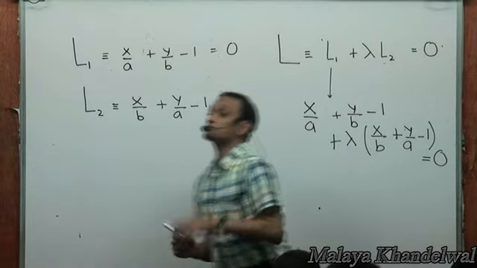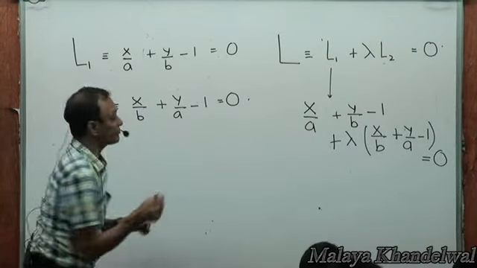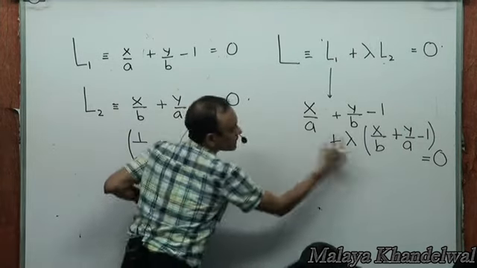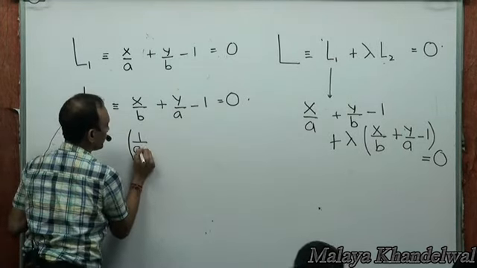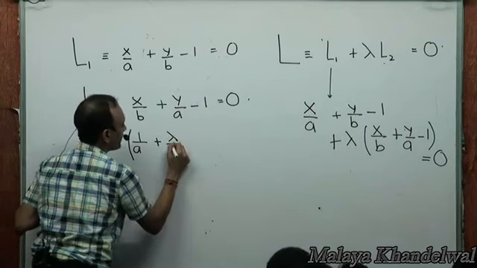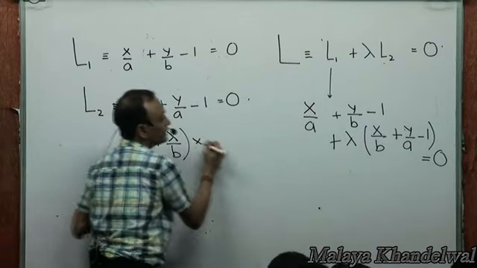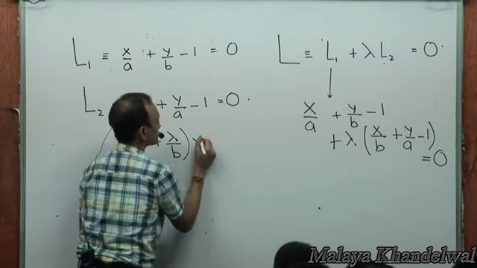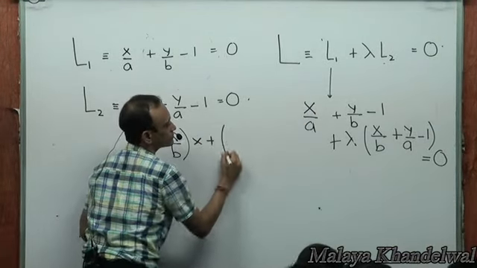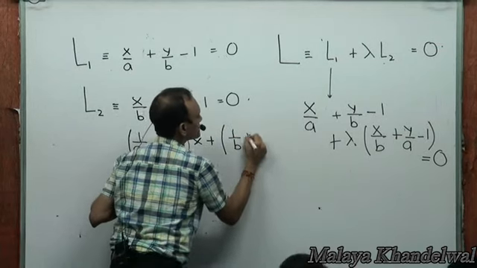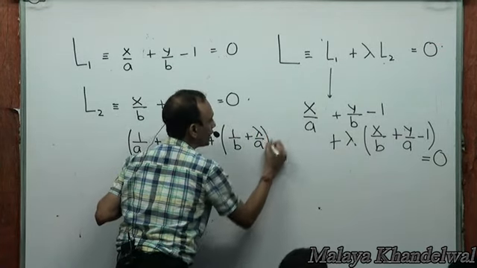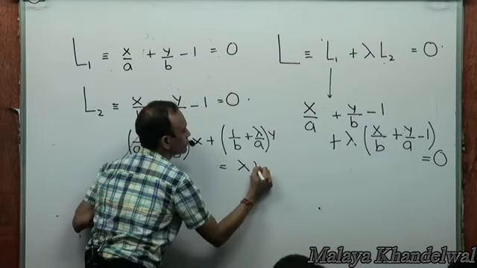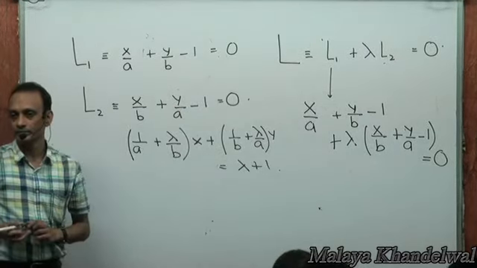Now, to write this line in a customary, traditional format, I could collect terms containing x and y: (1/a + λ/b)x, the x term, plus the y term, (1/b + λ/a)y, equals, transposing the constant terms to the right hand side, λ + 1.